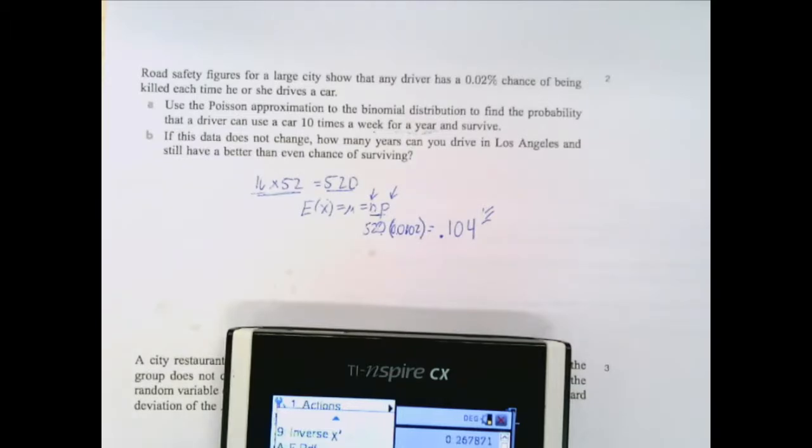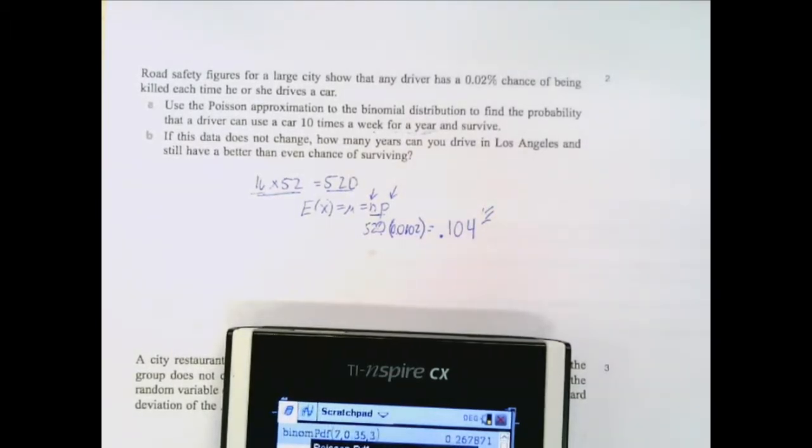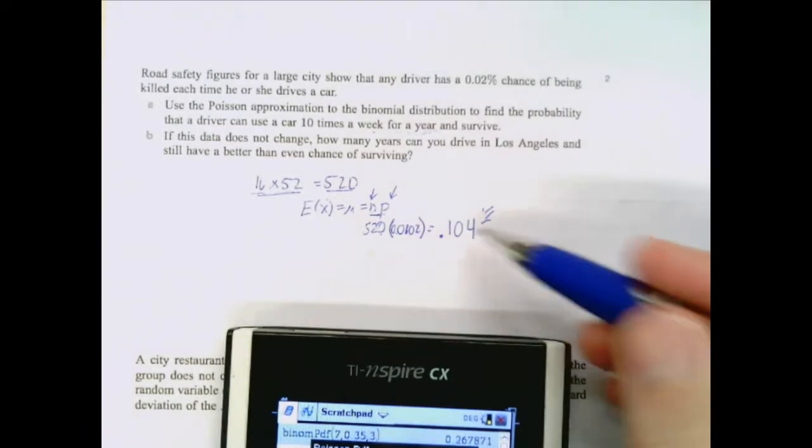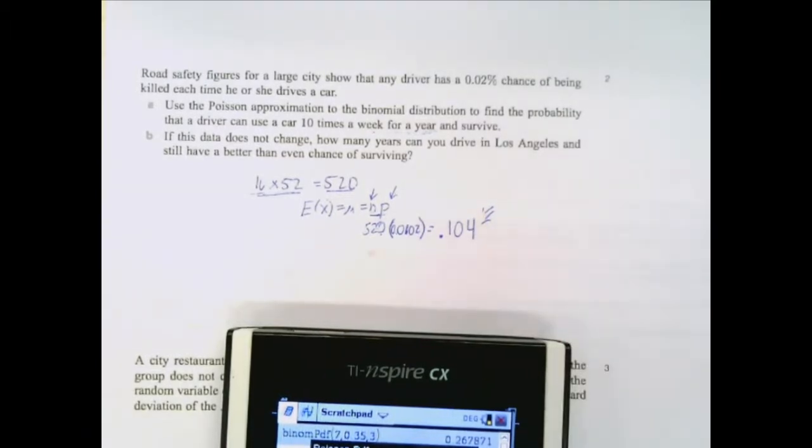I'm going to do the PDF because I'm going to put 0.104 in for that. And then my X value: well, I want 0 deaths, right? If I survive, that means I have 0 deaths.